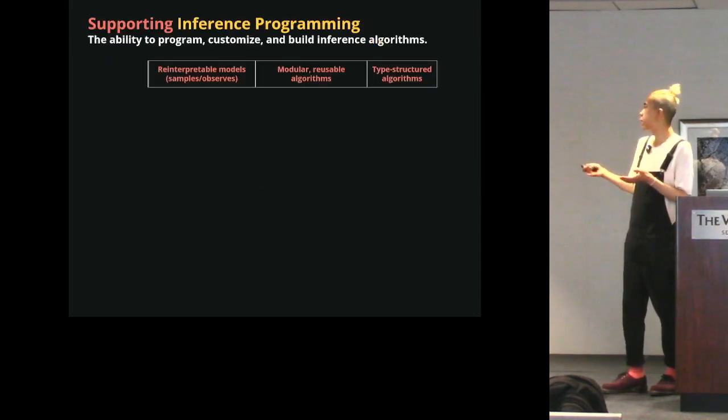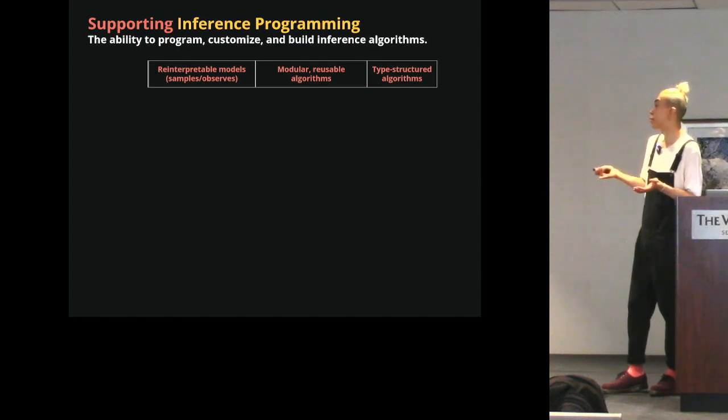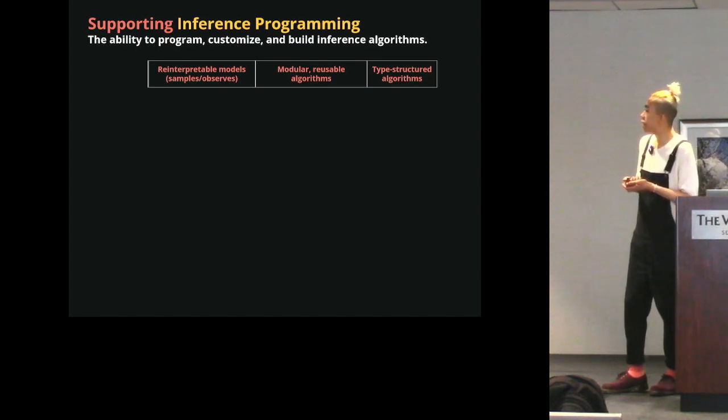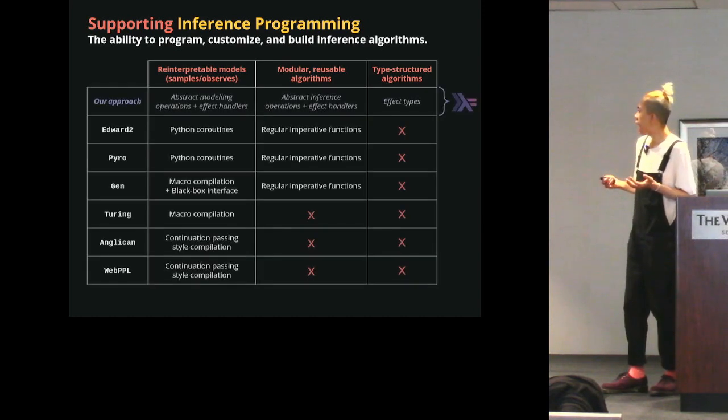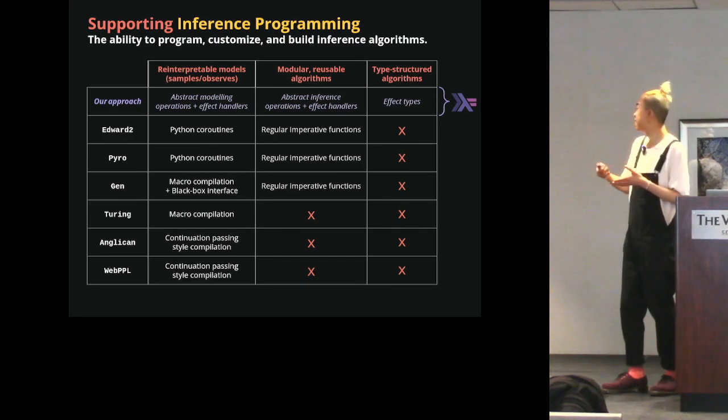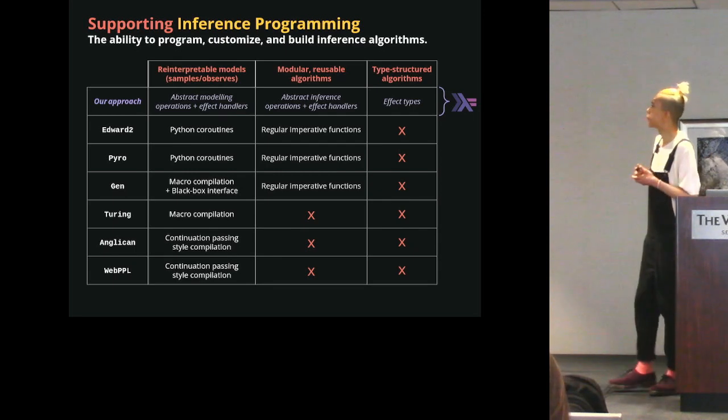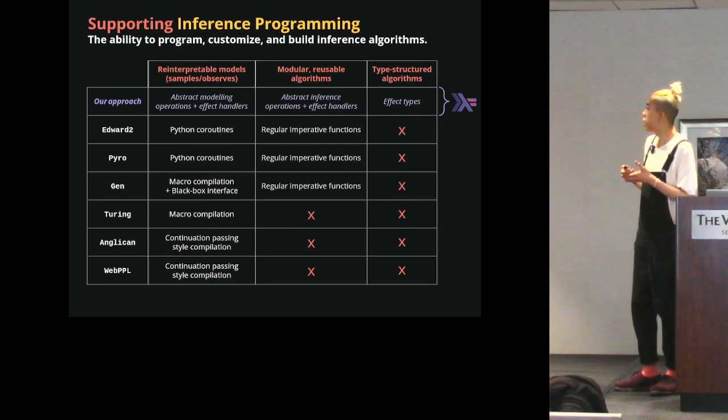So these 3 points I've listed are all different but important aspects of inference programming. That is our ability to customize existing algorithms and build new ones out of smaller parts. However, most languages for inference are often limited in at least one aspect. So in this talk, I'm going to use Haskell and Algebraic Effects as a way of proposing a new approach to inference programming.